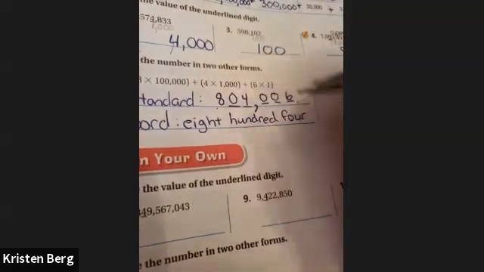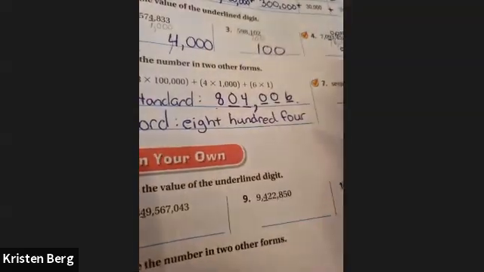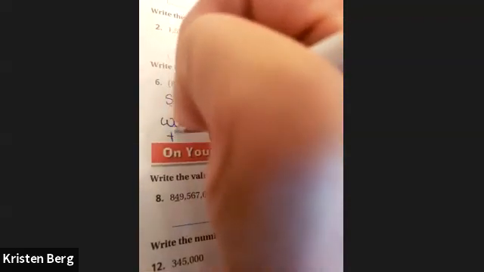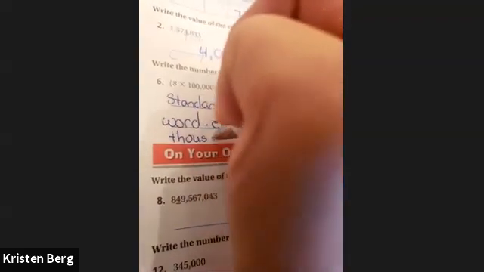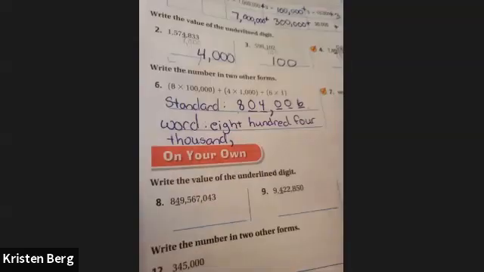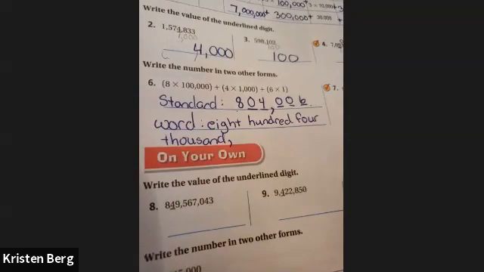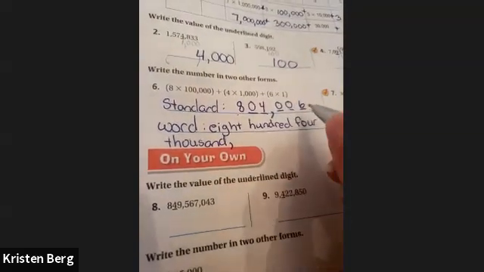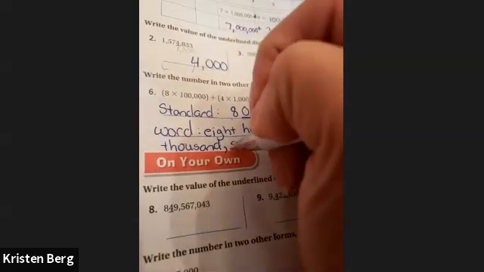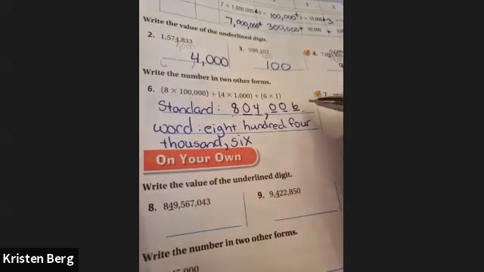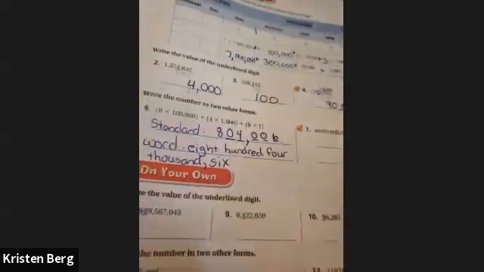So 804, and then this comma means 1,000. So 804,000, and then 006. How do I say that part? Well, 006 is just 6. So the word form of 804,006 is eight hundred four thousand, six. And that is it.